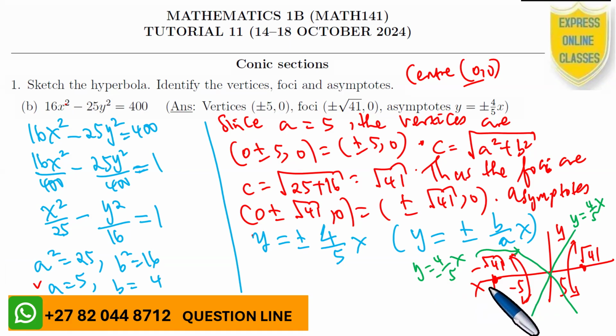It is standard practice to sketch these and make them solid. Take note of that.